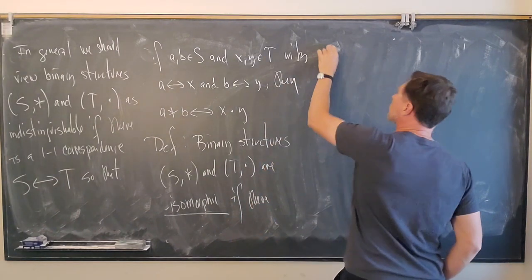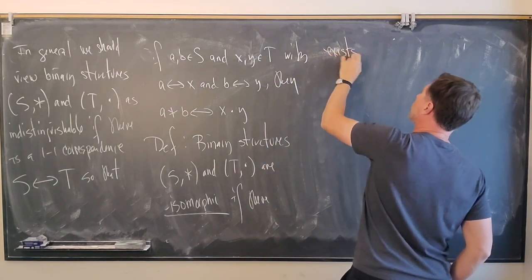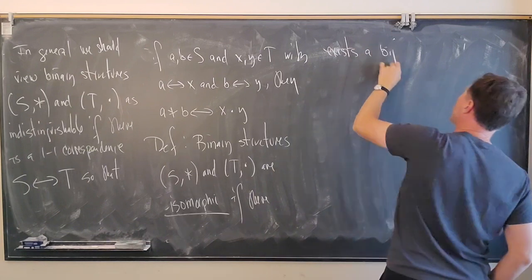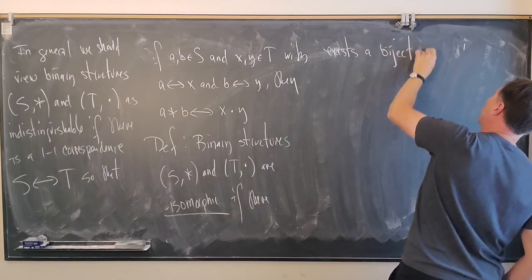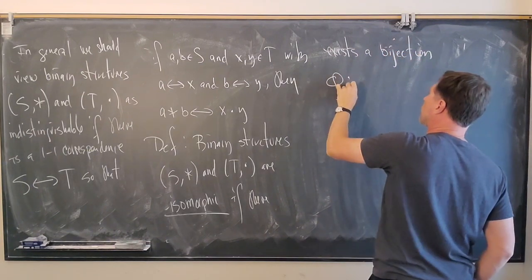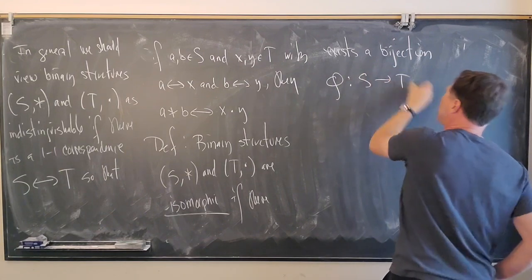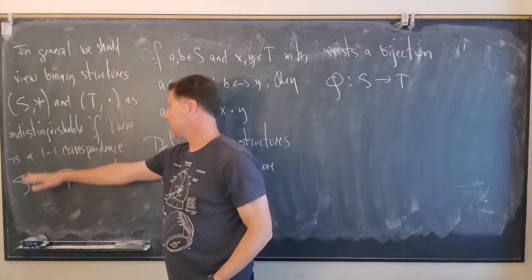there exists a bijection phi from S to T, that's the one-to-one correspondence that we had down here.